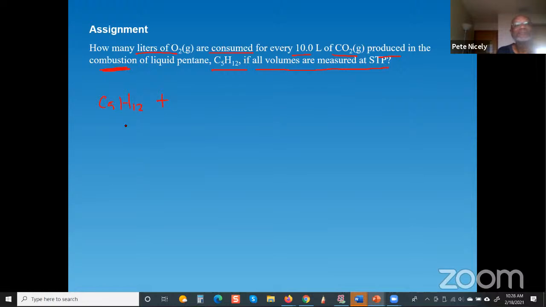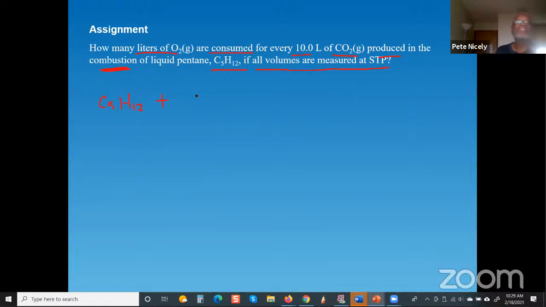Anybody? Based on the information provided, C5H12 will be reacting with what? Anybody? What is a combustion reaction? Anybody?